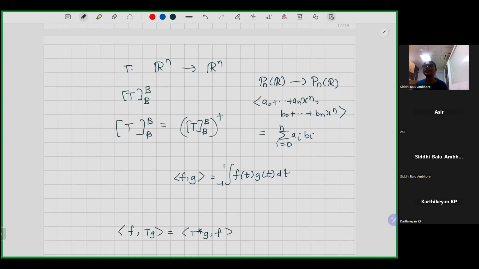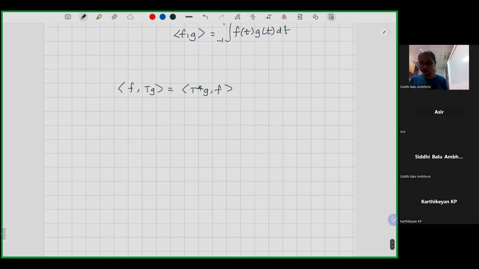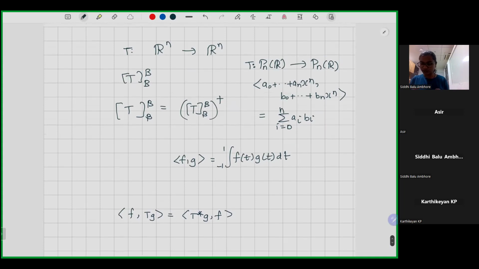Just taking the transpose or conjugate transpose won't give us that. If T is defined on P_n(R) to P_n(R) and the inner product is this one, then we can have this, but for a general inner product we can't. Any further doubts?